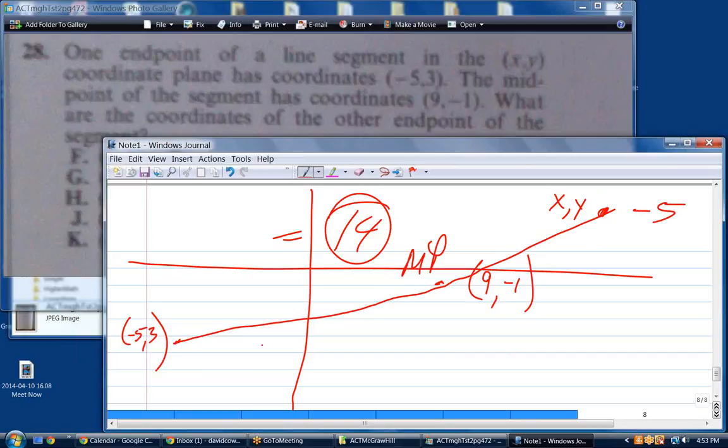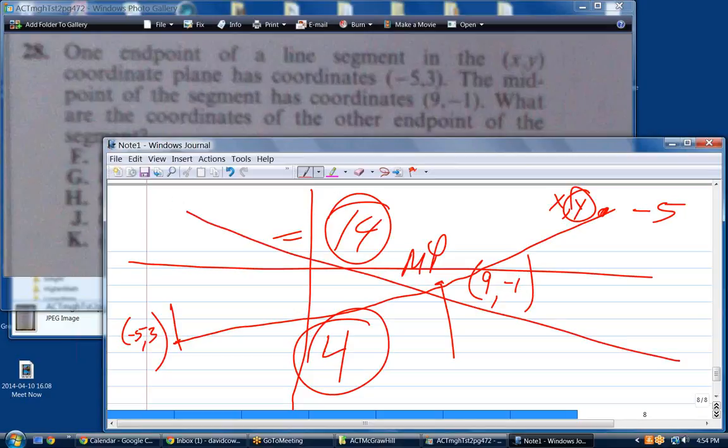In other words, you just have to be consistent in the direction. I want the absolute distance between that and that, which is 4. That's all I care about. I don't care if it's positive or negative. I know I got to go 4 units to get from 3 to minus 1. I got to go another 4 units to get to the y coordinate. But I got to go in the same direction. Well, the same direction is going down. Like I said, I graphed it wrong. It should have been that. So it would have been easier to see that we're going from 3 to minus 1. This would have to be minus 5.